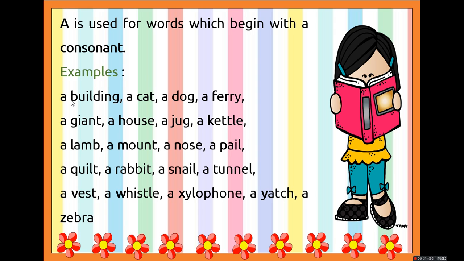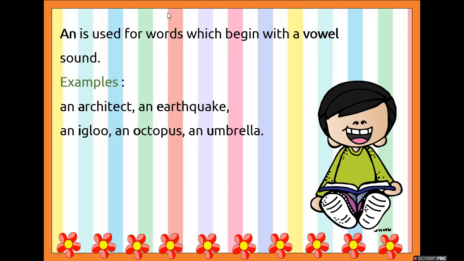So if you see, out of the 26 alphabets, 21 alphabets are consonants. When a word starts with a consonant, we have the article a in front. Okay, moving on to an. An is used for words which begin with a vowel sound.